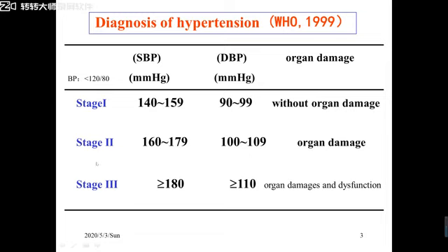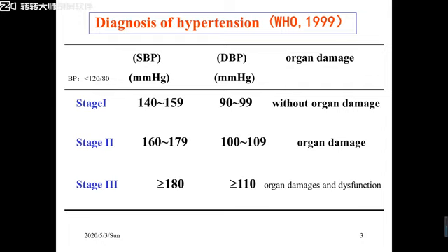For the moderate hypertension patients in the second stage, most of them have obvious symptoms such as headache, dizziness, nasal bleeding, because they have organ damage. Though they have organ damage, some of them still don't think it is very serious. Why? Because their organ function is normal.